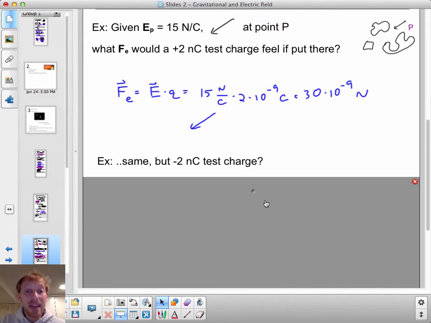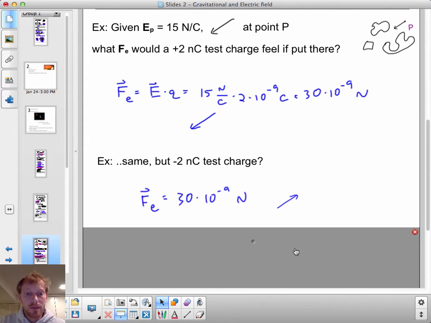If we had a negative charge, what electric force would it experience if brought to that location with a given electric field? It would have the same magnitude of electric force but opposite direction.